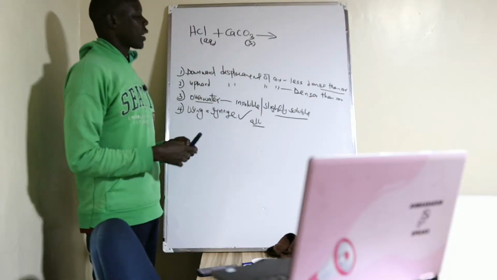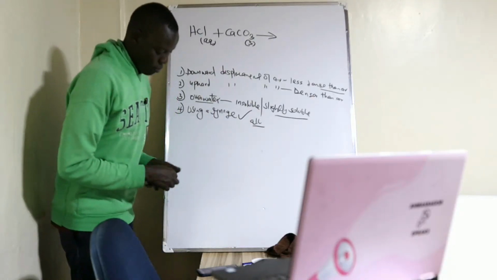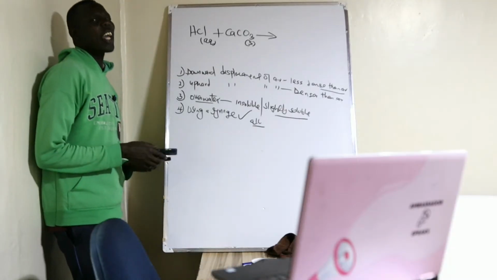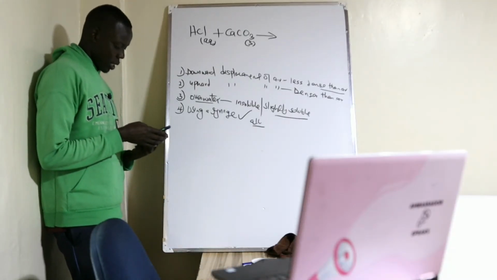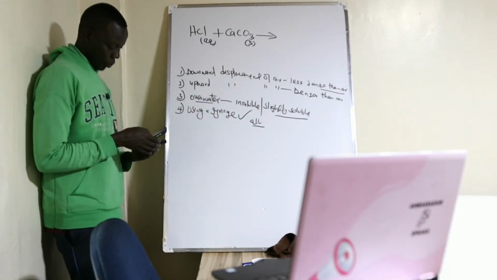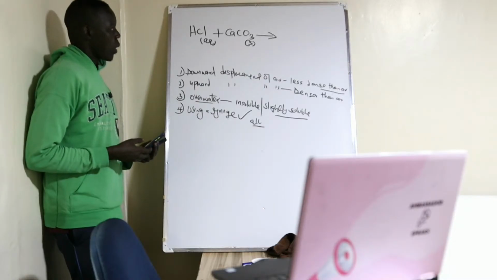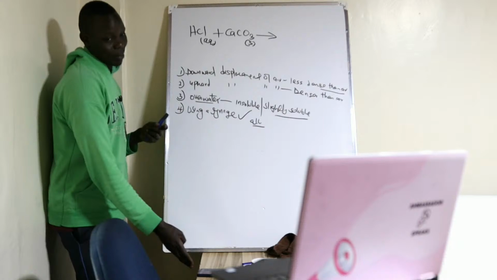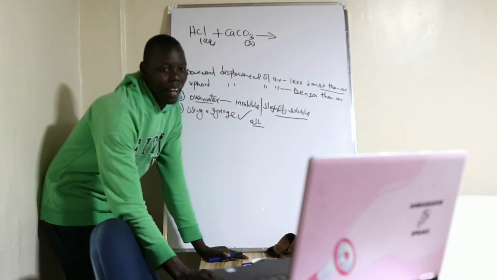Downward displacement of air, that one we have an example of hydrogen. Good. Now, our CO2 gas is collected by downward delivery because it is denser than air.